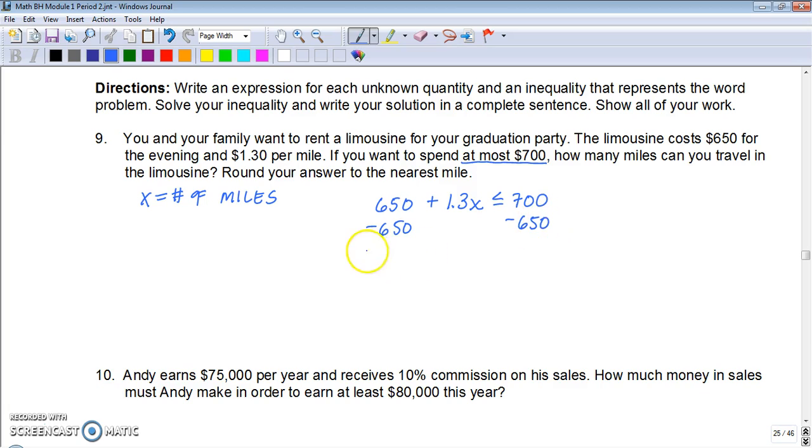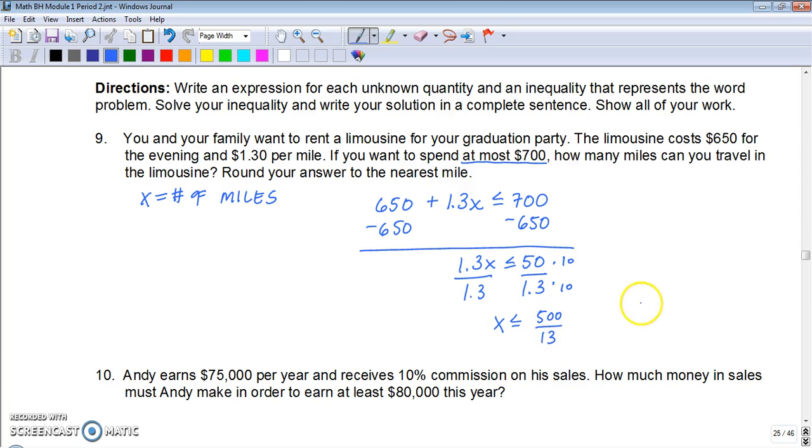Okay, once you have it set up, we repeat the process from the previous page. I'll multiply this fraction by 10 to get 500 over 13, which is x is less than or equal to, if I change that to a mixed number, 38 and 6/13.